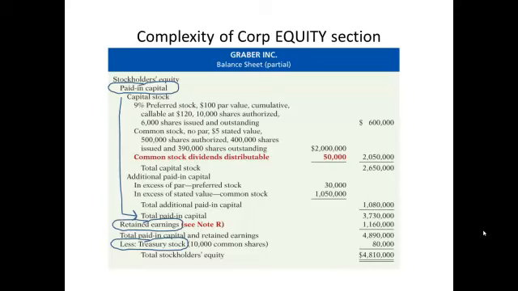If a corporation only has one type of stock, it'll be common stock. Preferred stock is optional. The paid-in capital section, also called contributed capital, is what the owners invest. Ownership in a corporation is evidenced by the issuance of common stock or preferred stock to the owners.